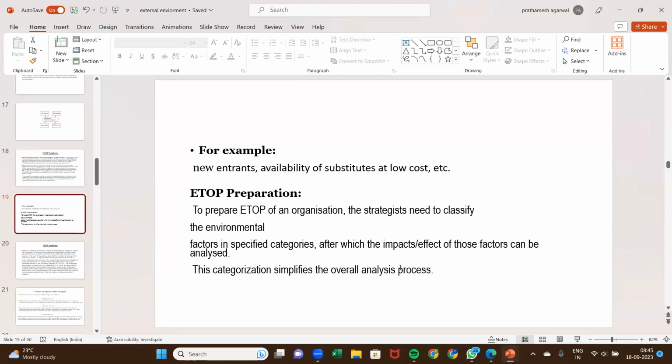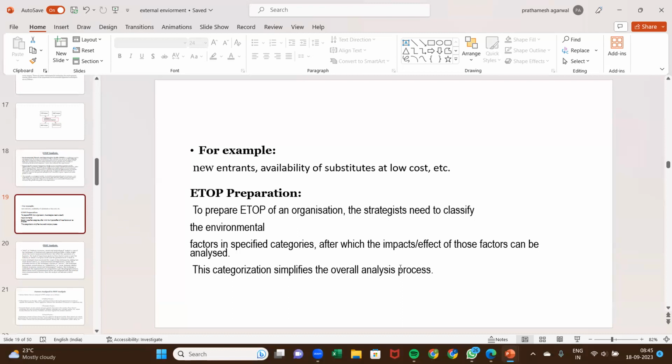Then we take the next factor, that is the social factor. We do the analysis of the social factor. Then we do strategic planning for that social factor. Now we are studying all these factors for only one product, that is cosmetics. Then we take the political factor.